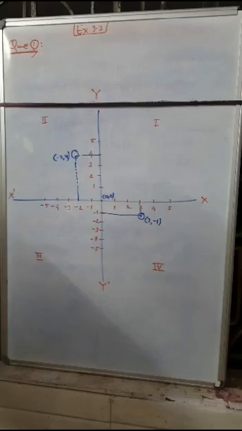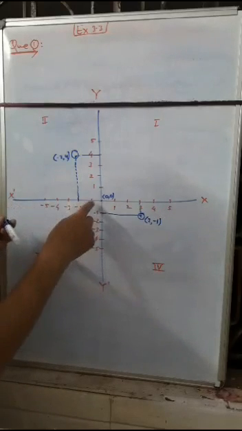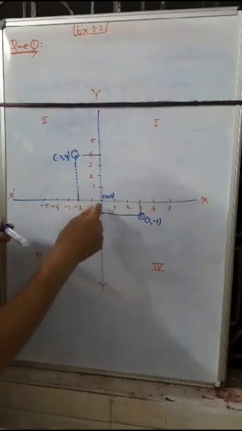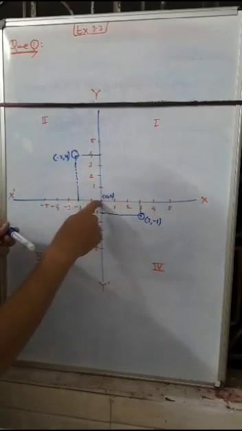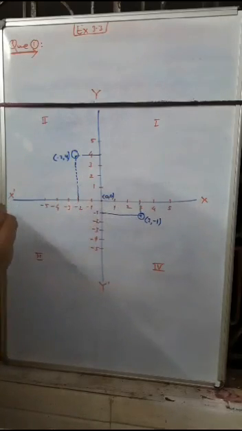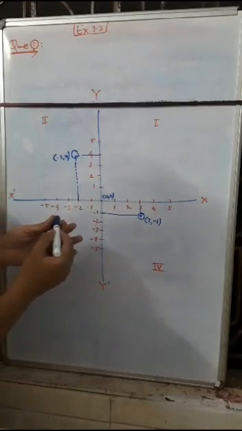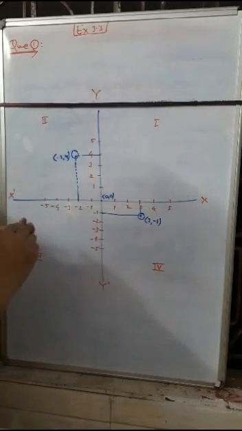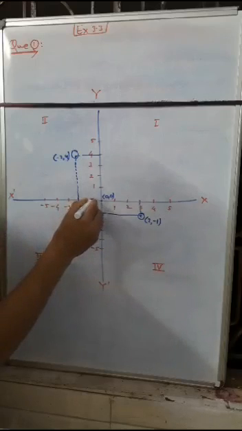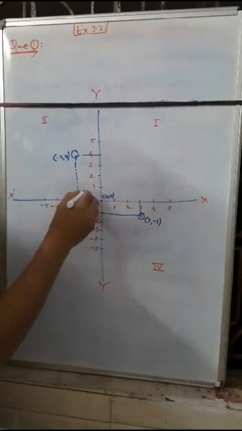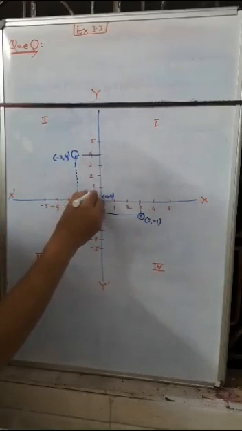Now the next one, (-1, 0). Here 0 is the y-coordinate, so the point is situated on the x-axis at -1. So this point is called (-1, 0).